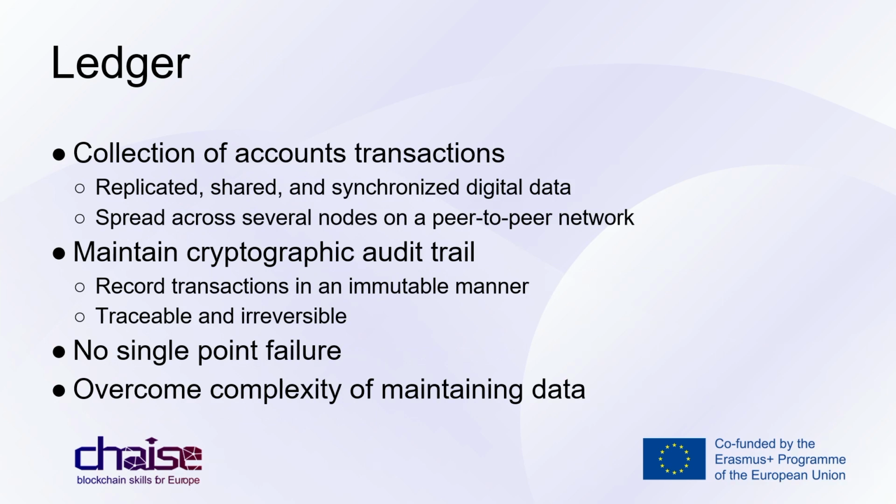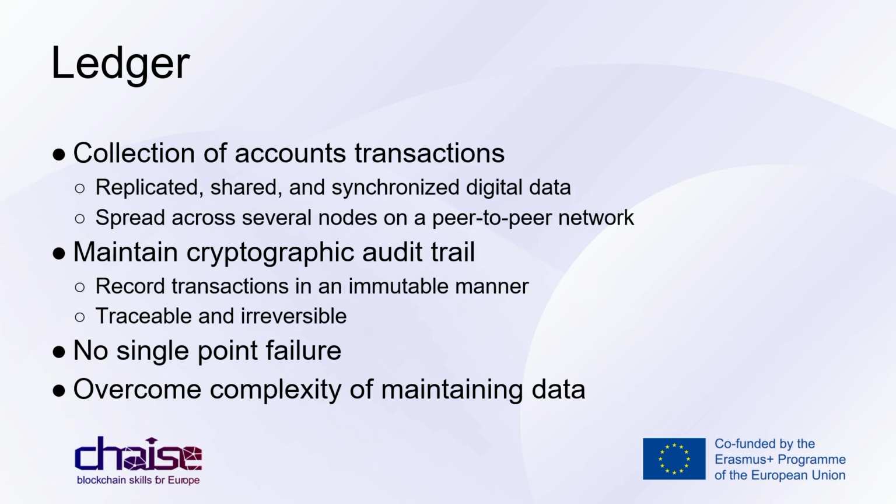Blockchain eliminates trusted third parties in a transactional process and records transactions in a decentralized, distributed and immutable ledger. A blockchain ledger is a chain of blocks where each block connects to a previous block by a unique cryptographic hash. A ledger is replicated, shared and synchronized over a peer-to-peer network within connected nodes.